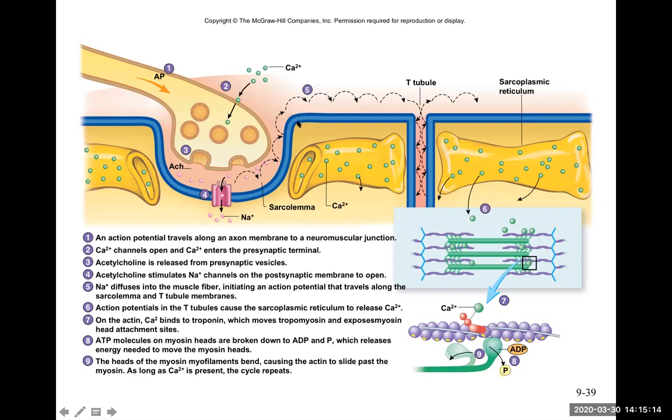As it moves down the sarcolemma, it's then going to hit a T-tubule. As it hits the T-tubule, the action potential goes down the T-tubule, which causes the calcium release from that segment only. As it goes up the T-tubule, it causes the next sarcomere to undergo a calcium release from the sarcoplasmic reticulum. So there's a sequence.